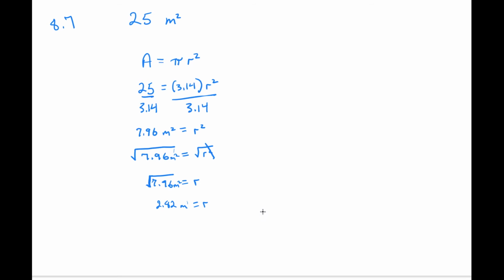So we have one more area problem, and it's a doozy, 8.8. Here's our shape, and it looks like this. That's not right. Let me redo this one. Okay, there's that.